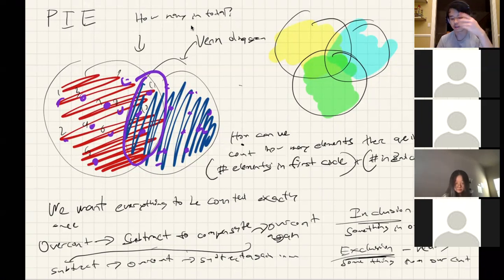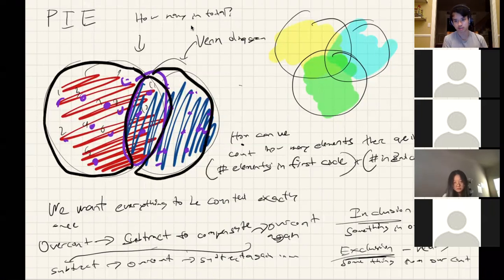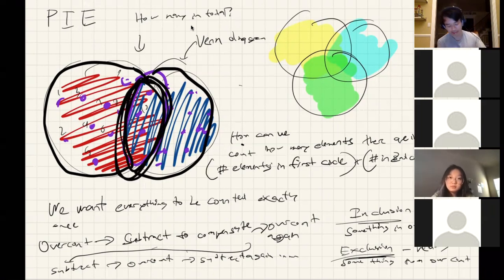So why do we subtract the number of elements in the intersection? If we count the number of elements in the first circle, then add the number of elements in the second circle, then each element in one of these outer regions is going to be counted once, for whatever circle it's in. However, each element in the intersection over here is going to be counted twice: once for the red circle that it's in, and once for the blue circle that it's also in.